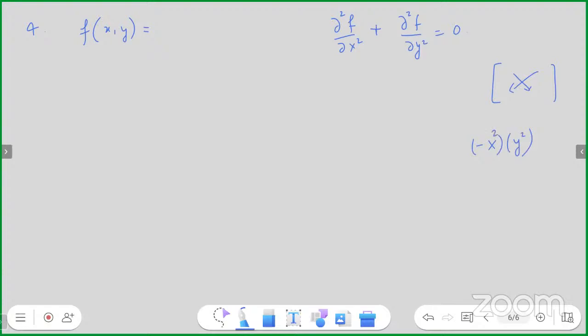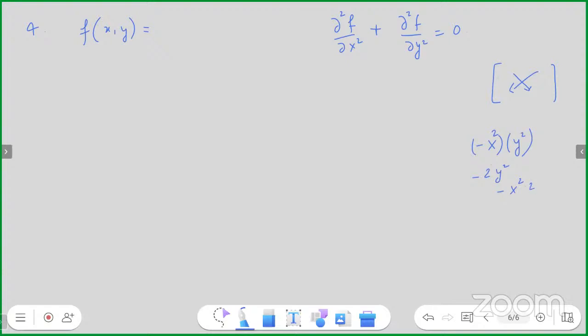So let's put x square also. Yes, this should work. So the first term is what? Minus remains minus because twice I'll take it, so it will just simply be 2y square. And this one is simply minus x square times... won't work.